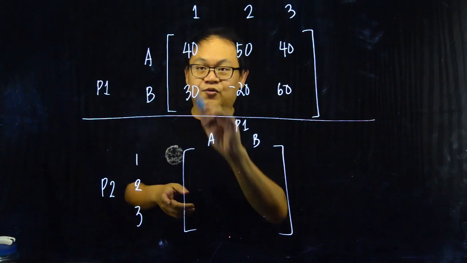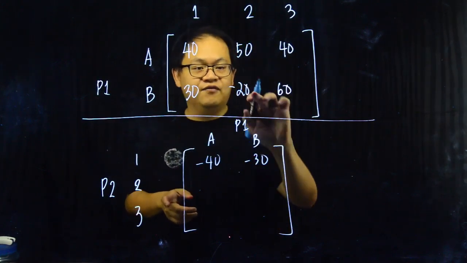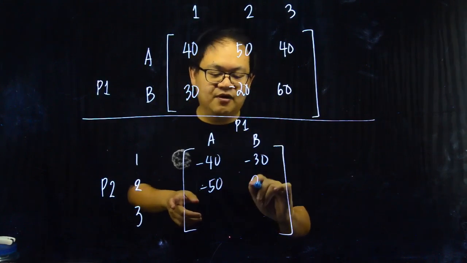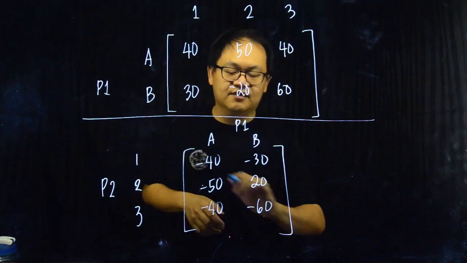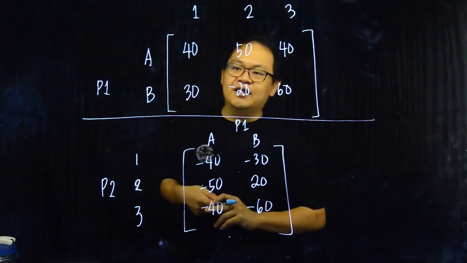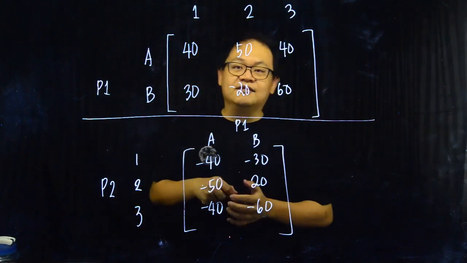So 40 and 30 becomes negative 40 and negative 30. 50, negative 20 becomes negative 50 and positive 20. 40, 60 becomes negative 40 and negative 60. Okay? Now, our goal right now is to identify dominated strategies.